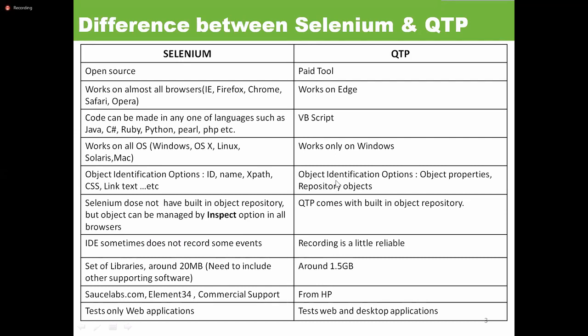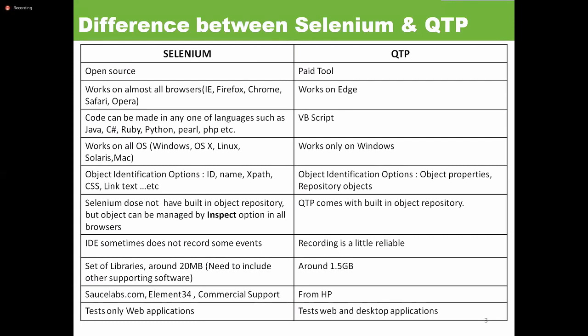You can mention that it is taken care of inbuilt by the tool. In Selenium, we have to take care of object identification ourselves, whereas in QTP, the tool itself has the built-in option.